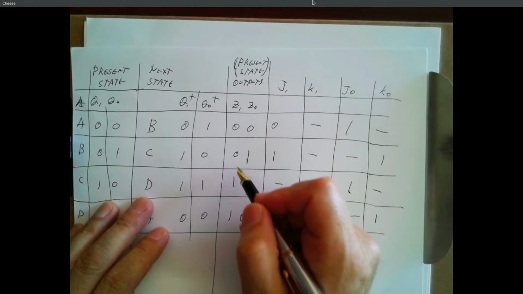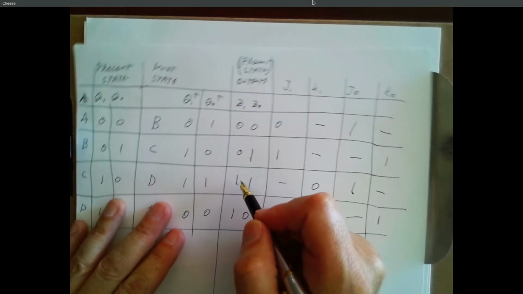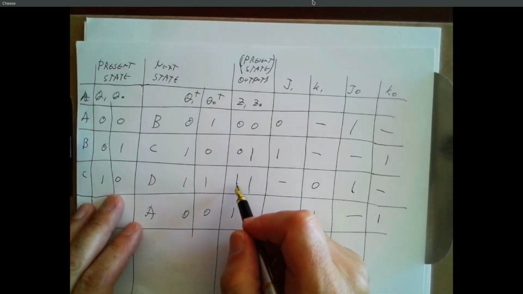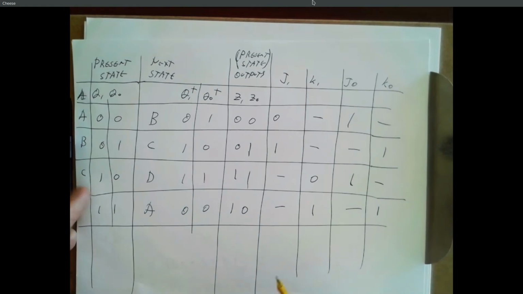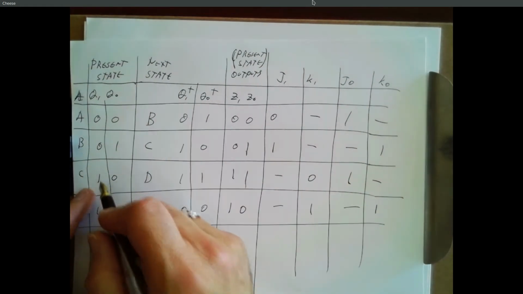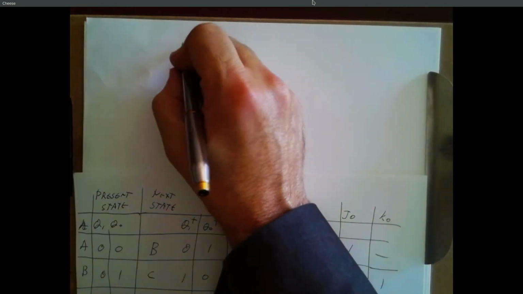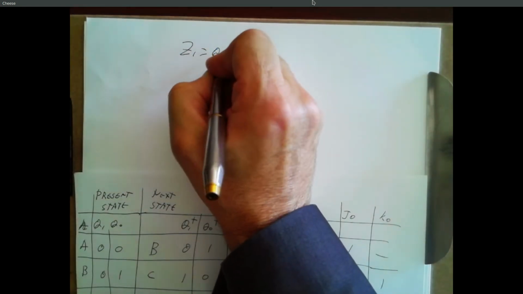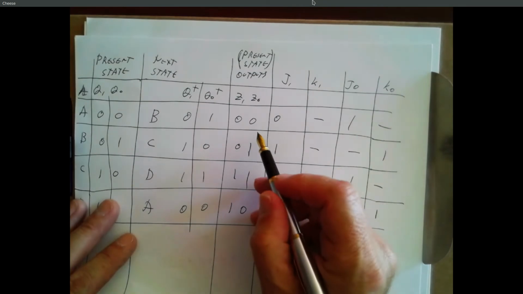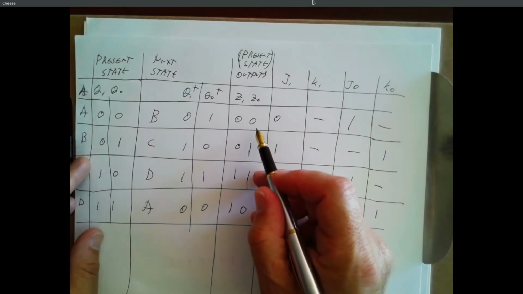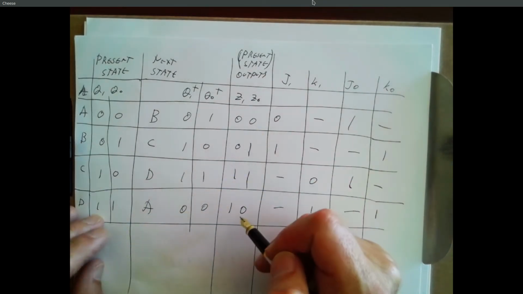So Z1 looks like it should be 1, and these are going to be based on the present state. So Z1 looks like it matches Q1, right, 0, 0, 1, 1. So Z1 comes from Q1. Z0 is slightly quirky. Should be a 0, 1, 1, 0.